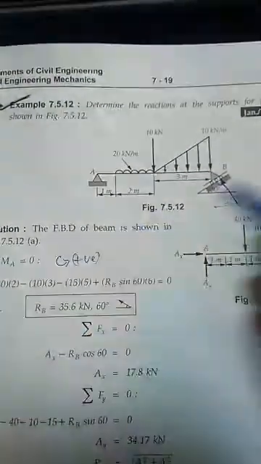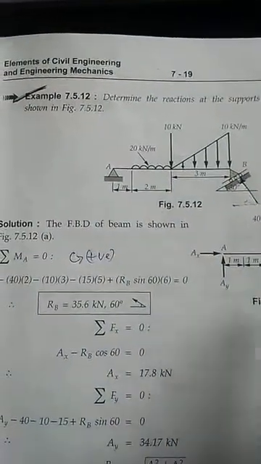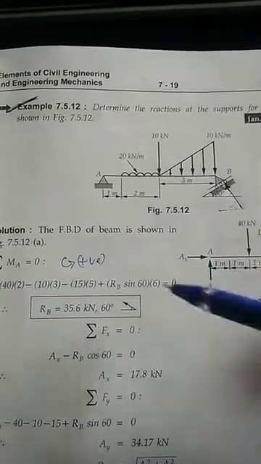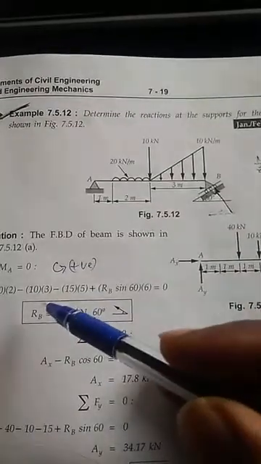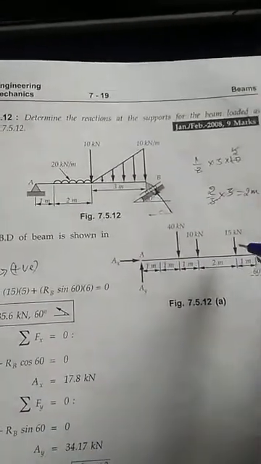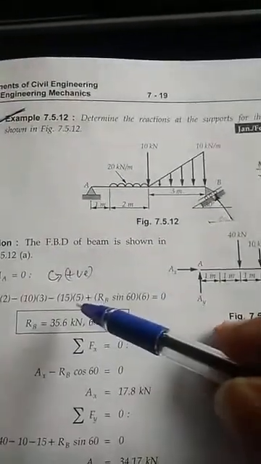So 40 into 2 will be taken. Next, 10 into 3, that is also taken. Next, 15 into 5.